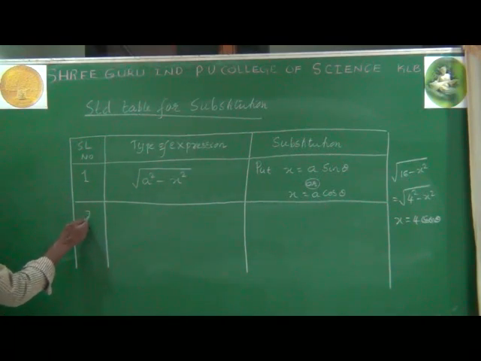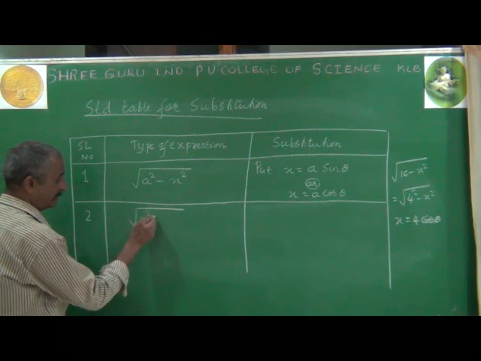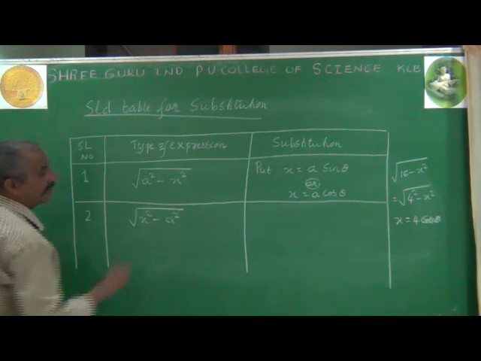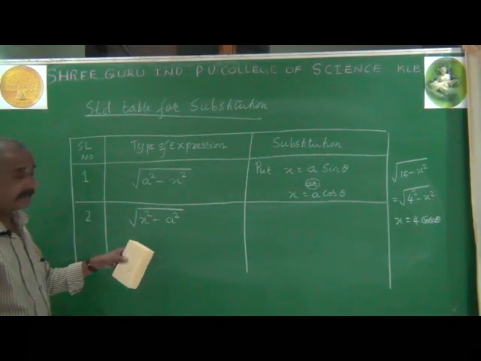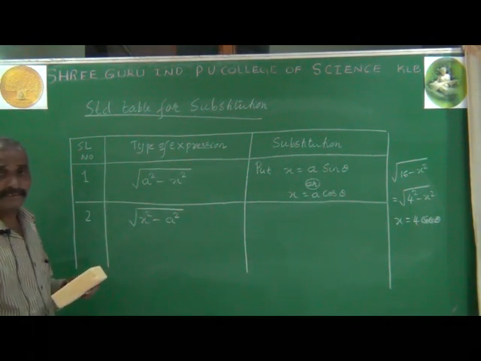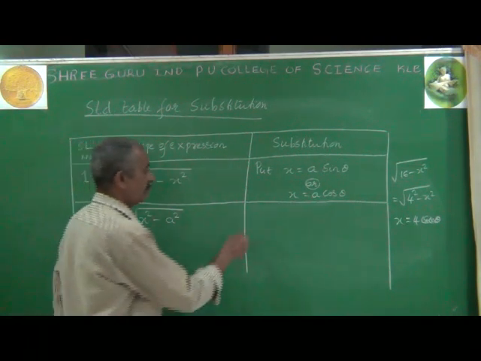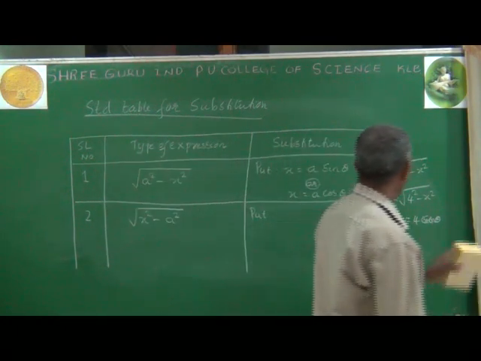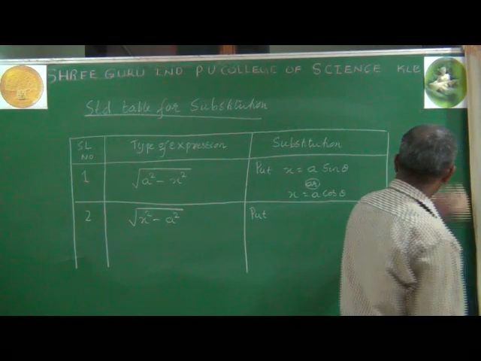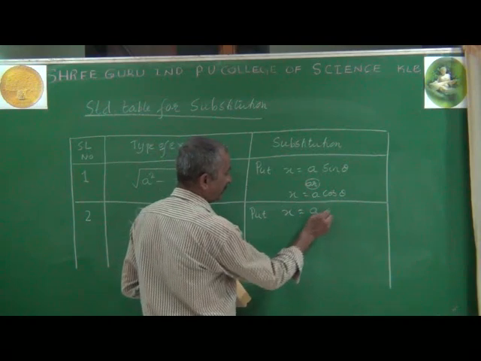Second, if we have root of x square minus a square, be careful that x square minus a square is never equal to a square minus x square. So this is completely different. In such cases we have to substitute x equal to a secant theta.